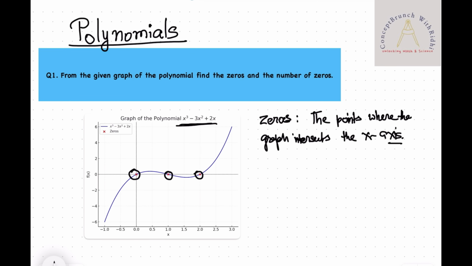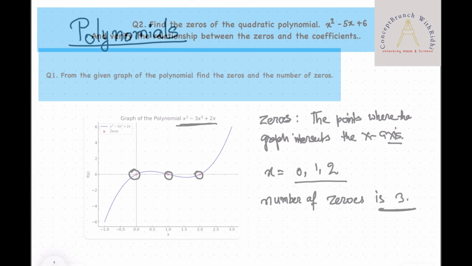Here in this polynomial, we can say that it intersects at x equals 0, 1 and 2. Okay, so the zeros are 0, 1 and 2, and the number of zeros is 3 is the answer.